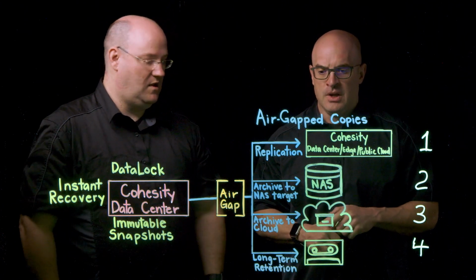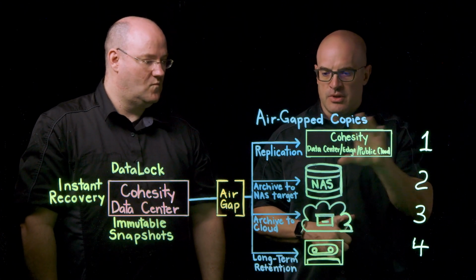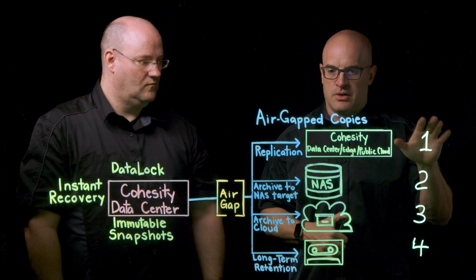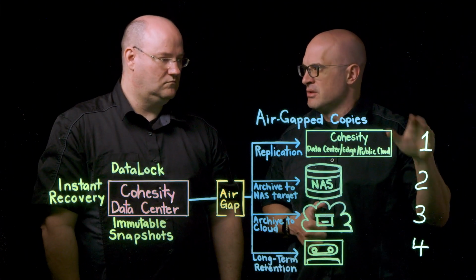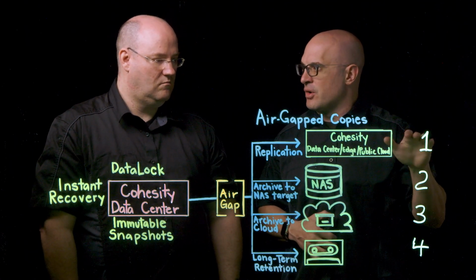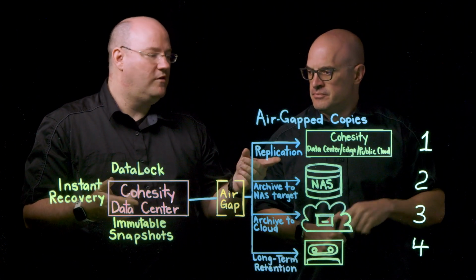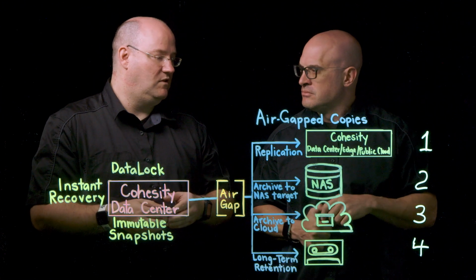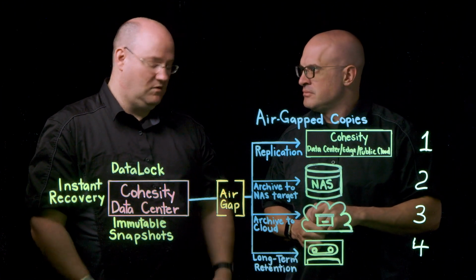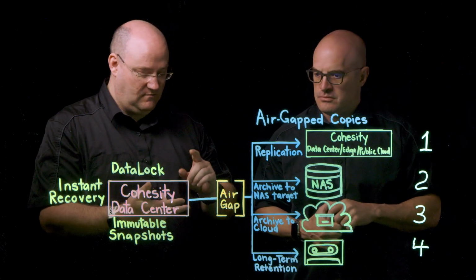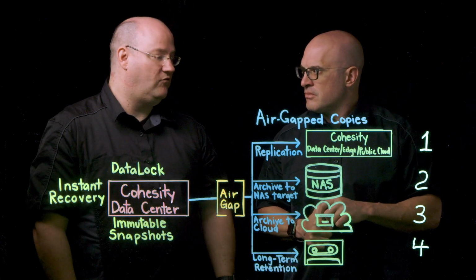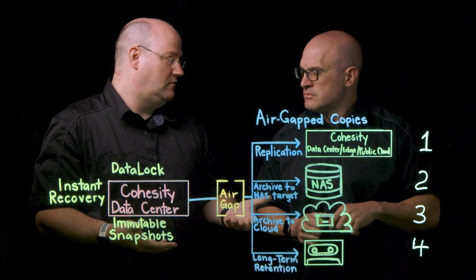Right. So last, let's just hit real quick the benefits of each of these that we touched on. The replication, major benefit, it's quick, it's our format, it's another Cohesity appliance, easily brought back up online. But all the benefits of the Cohesity system that we've talked about in plenty of other videos, whether the small format, as much data squeezed out of it as possible, it's going to be the quickest to recover from.